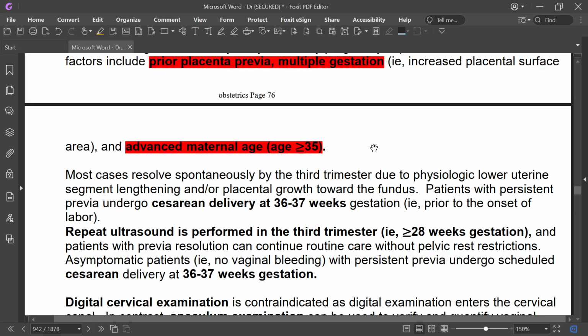Repeat ultrasound is performed in the third trimester, more than 28 weeks of gestation, and patients with previa resolution can continue routine care without pelvic restriction. Asymptomatic patients with no vaginal bleeding and persistent previa undergo scheduled cesarean delivery at 36 to 37 weeks of gestation.